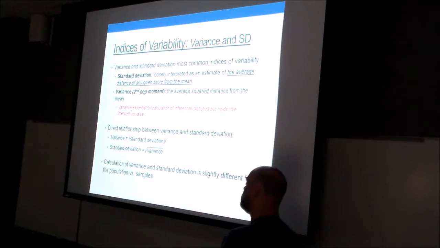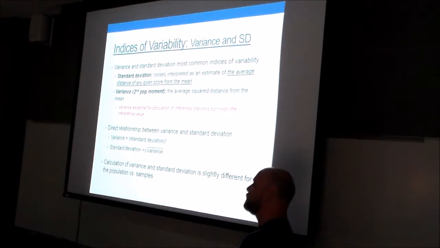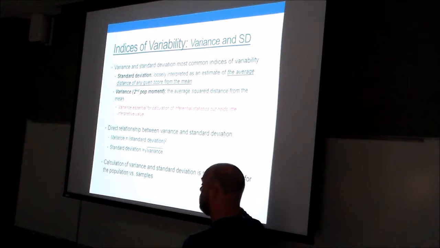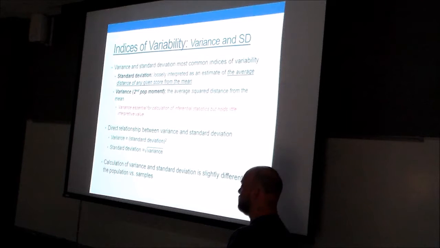Oh, absolute deviations, yeah. There are some metrics for doing that, but they tend to not work as well in all situations as squared deviations. Mathematically, there are some reasons in terms of theory and bias that make this a better approach than absolute deviations.